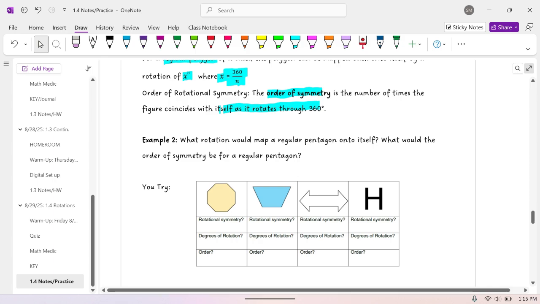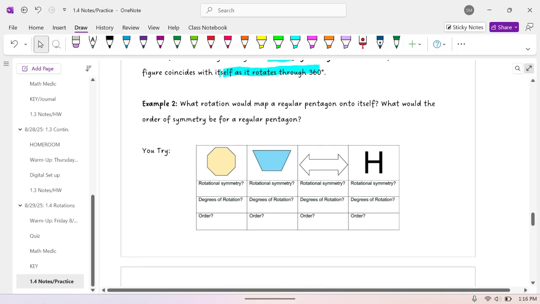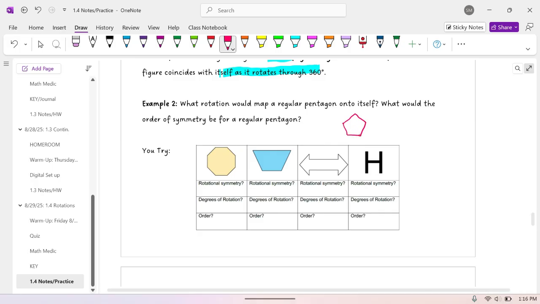Now, what rotation would map a regular pentagon onto itself? What would the order of symmetry be for a regular pentagon? If we have a regular pentagon, and this is not going to be to scale, but it looks something like this, what would be the order of symmetry and what degree would we need here? Again, imagine it's in a circle.